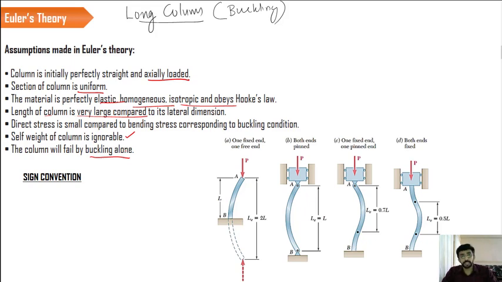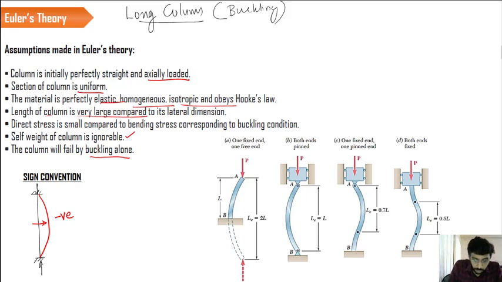And what is the sign convention that we have to use here? There are different types of failure in columns. For example, if you take an end condition like this and apply the load here, we can see the column buckle like this. If we look from here, we can see a concave part. Such bendings are called negative ones.